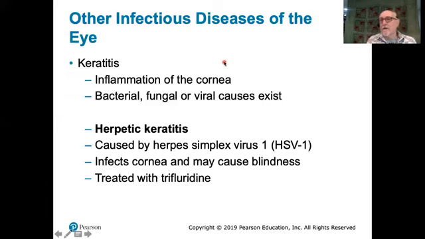And this can be extremely dangerous and runs the risk of damaging the cornea permanently. There are various viral causes of keratitis, and I'm not going to talk about them in detail, especially members of that group of viruses called the herpes viruses. In fact, herpes simplex 1, which causes cold sores, can also cause this.